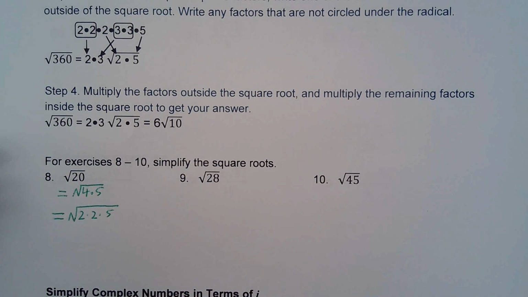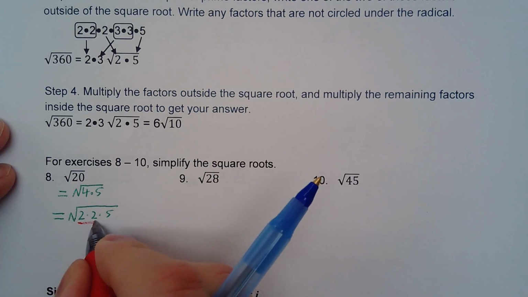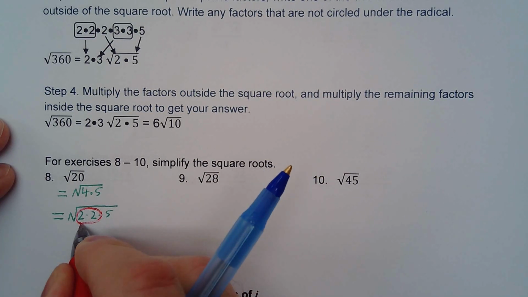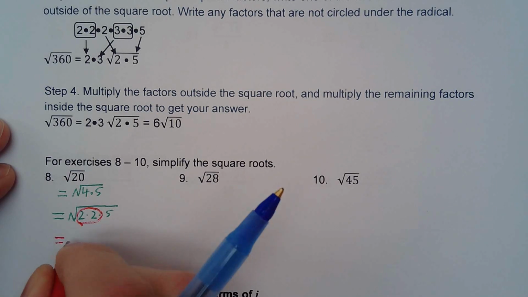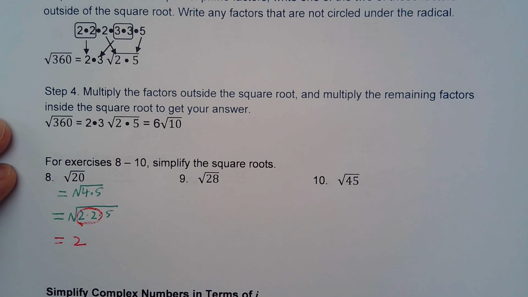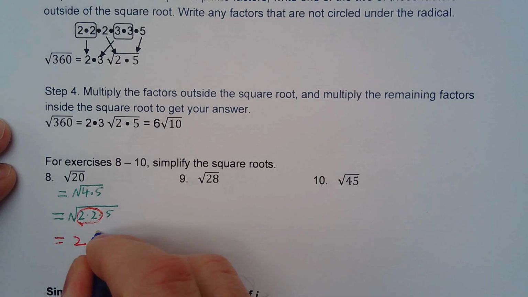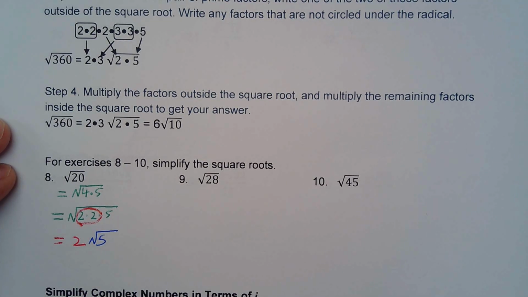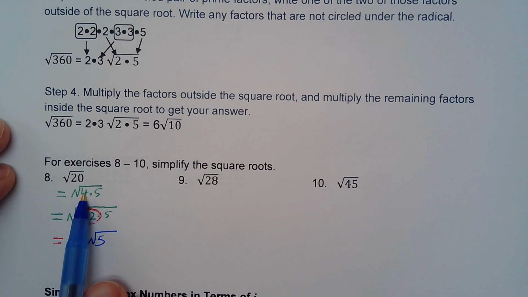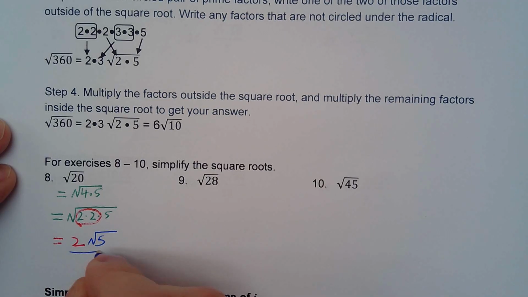Well, there's my pair of 2's. So I'm going to go ahead and put that 2 out in front. And then I just have 5 left there. And notice if I take the square root of 4, that's 2. So that would be my answer.